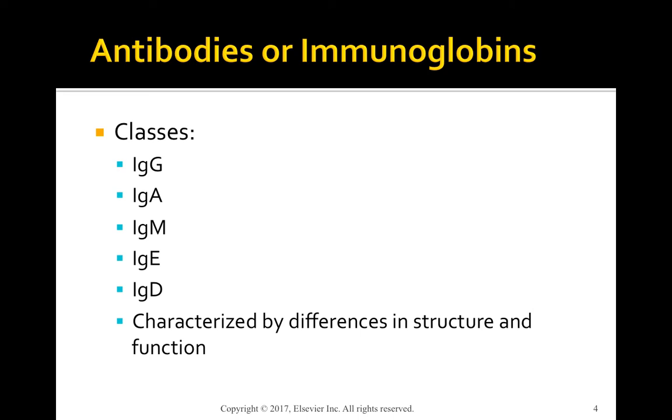If we have a lot of IgA antibodies, it means that your epithelial response, your body surface response, including your respiratory tract and GI tract, those are considered epithelial responders and have a lot of IgA immunoglobulins.